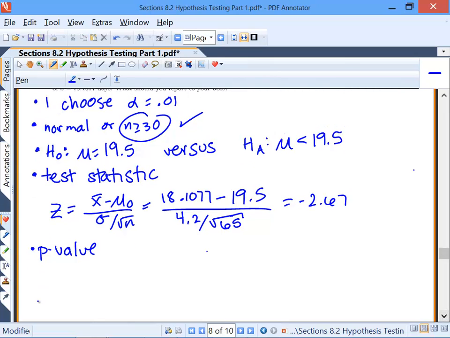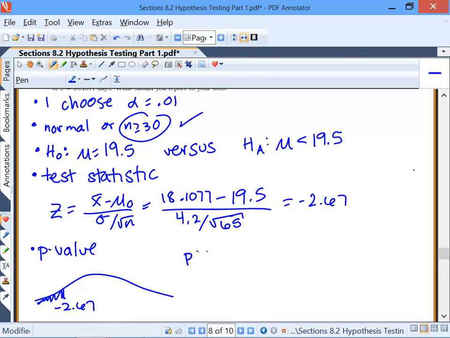So now I need to find my p-value. So I draw it out, negative 2.67, that's probably about there on my normal curve. And then I have to ask myself, based on my alternative hypothesis, which direction do I need to shade? This was a less than, so I need to shade in the left tail.